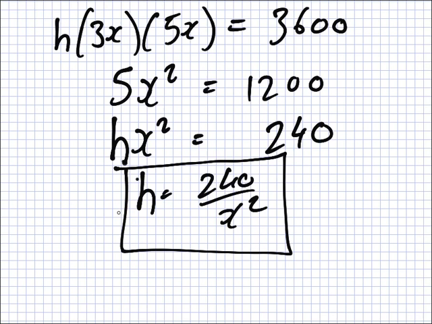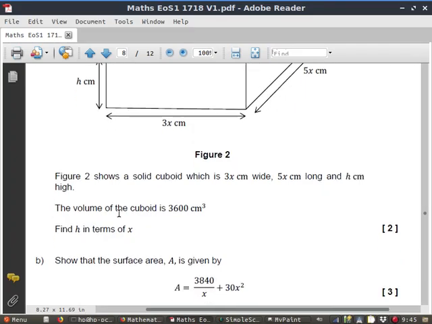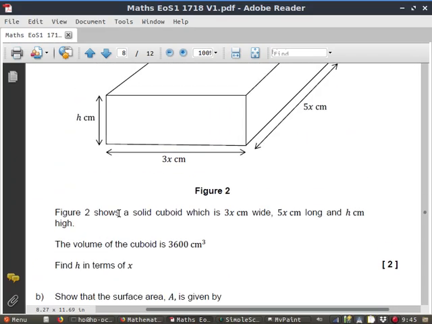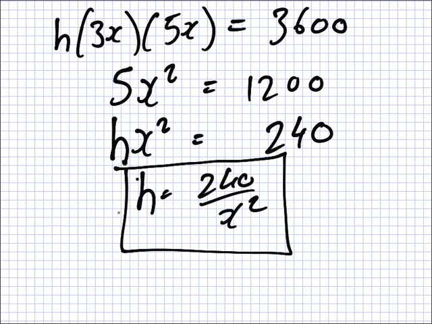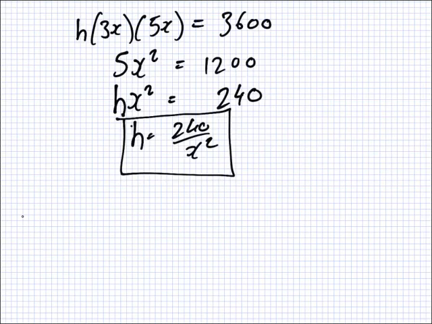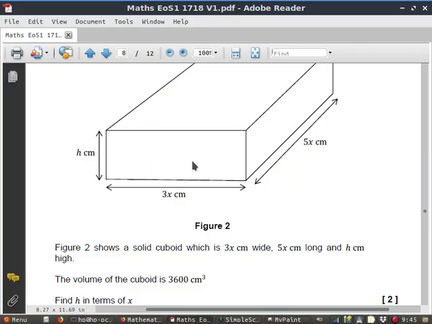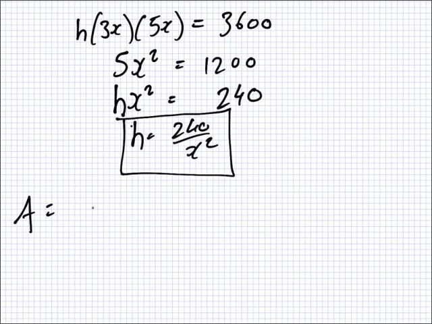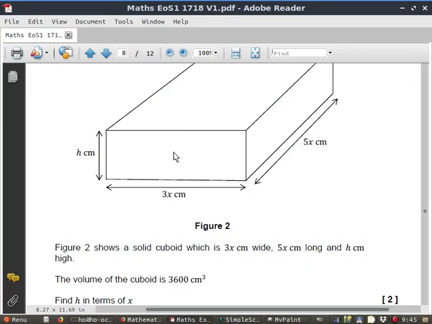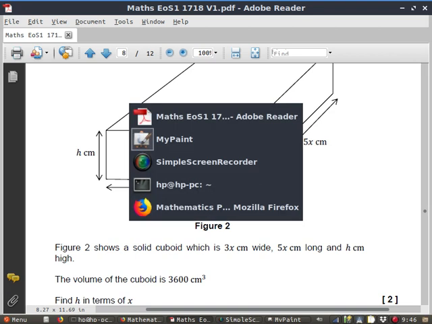Right, the next one. Find the surface area. Okay, so if we look at the area, there's two pieces at the front, which are 3xh, so that's 2 times 3xh. There's two of these pieces, so that's 2 5xh.